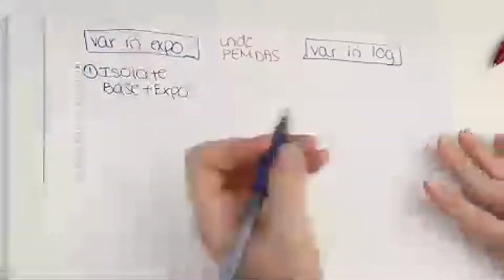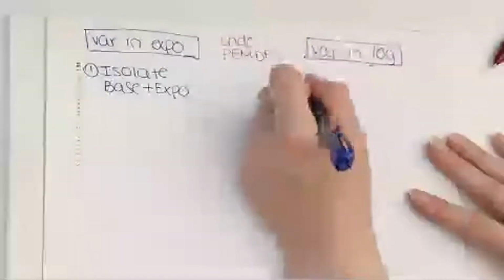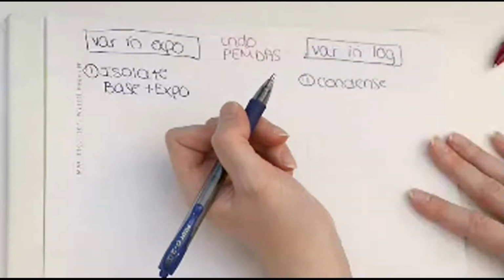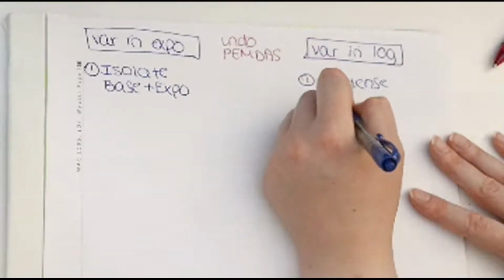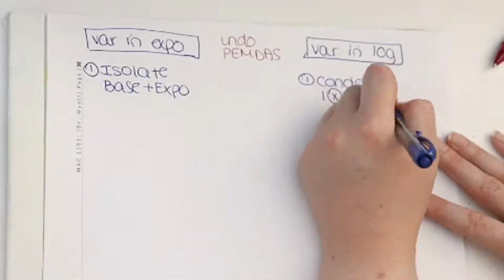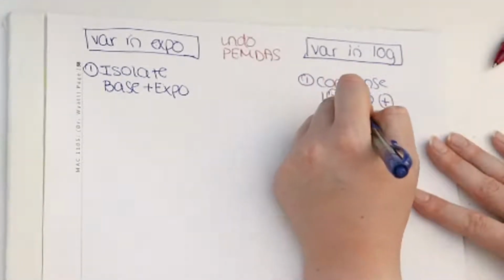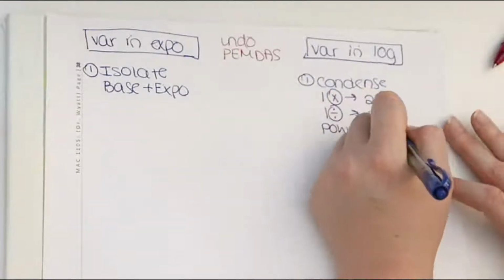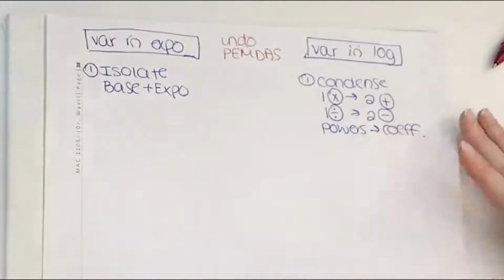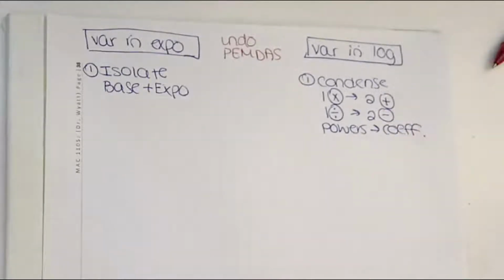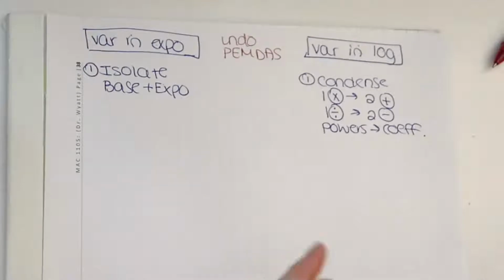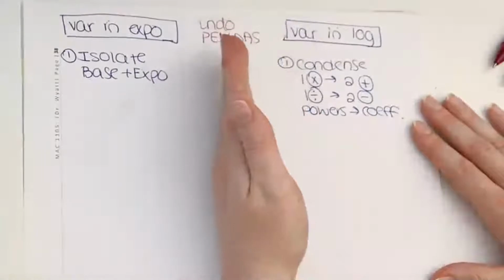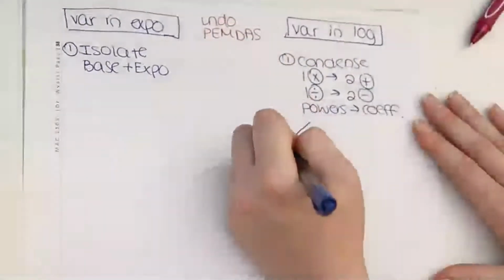If you have a variable in the logarithm, then you're going to condense it using properties. Your one multiplication goes to two logs added, your one division goes to two logs subtracted, and your powers can come down in front as coefficients. All of this is trying to condense, get it as a single logarithm. Let's stick with this variable in the logarithm part. After you condense it, there are two situations that can happen.